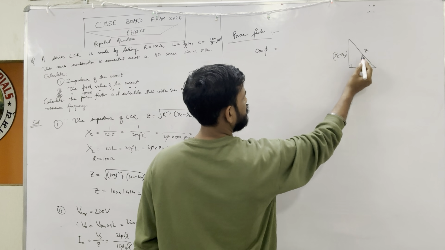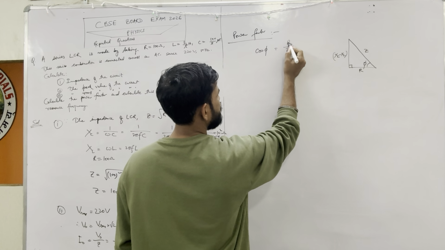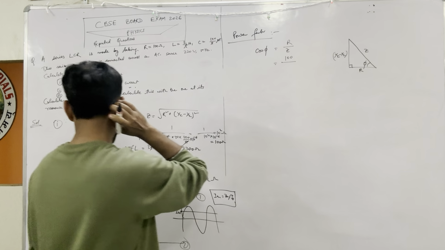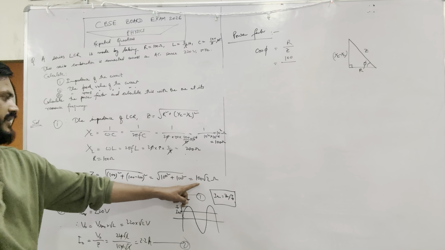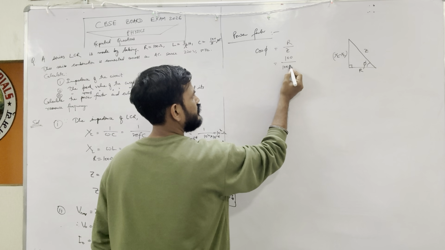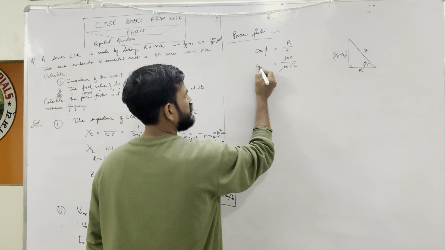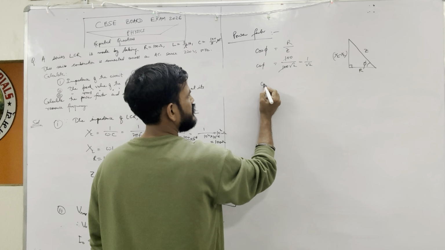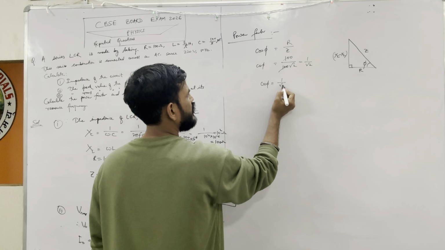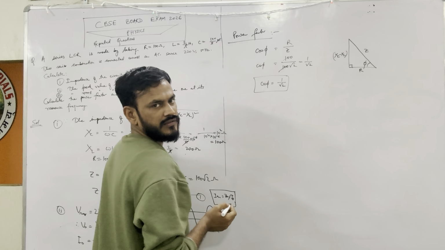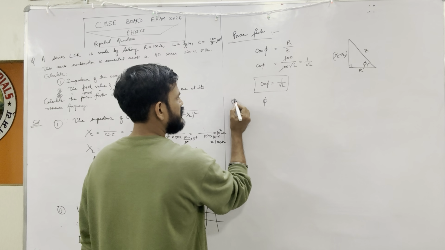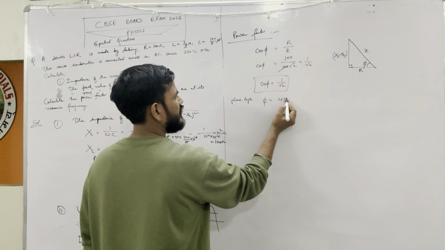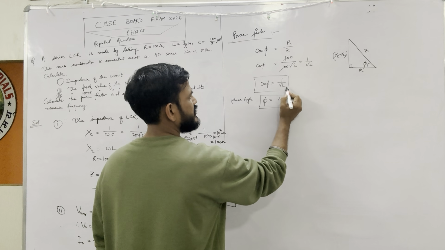Base by hypotenuse, R by Z. So your value of R is 100 ohm, and what is value of impedance? 100 root 2. So 100 gets cancelled. Cos phi is equal to 1 by root 2. The power factor is 1 by root 2. Cos phi itself is power factor. And phase angle, if you want to find out, phase angle will be 45 degrees. This is power factor.